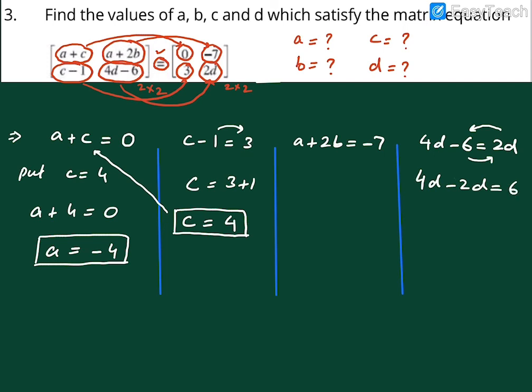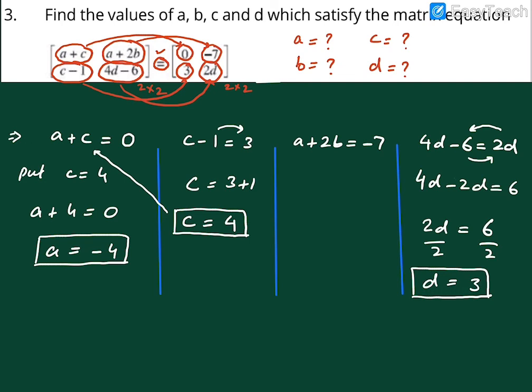Actually, we are adding 6 on both sides and subtracting 2D from both sides of the equality. So 4D minus 2D is 2D, equal to 6. Now you can divide by 2. So D is equal to 3. So we got D also.